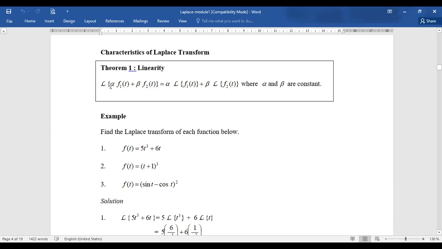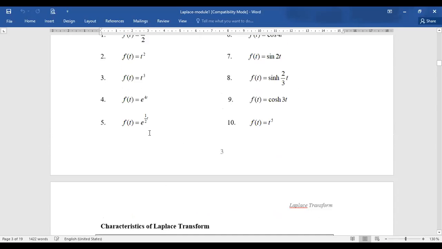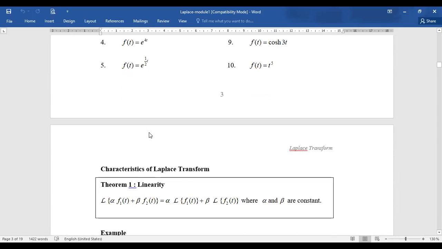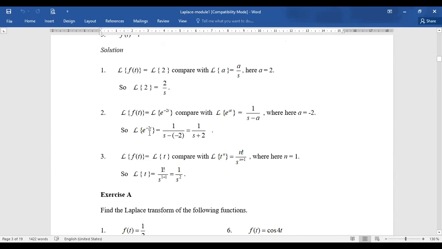Means alpha ni kita boleh keluarkan and beta pun kita boleh keluarkan dan kita tambahkan Laplace kedua-duanya. Let's say macam ni F(t). Okay, ni semua ni awak boleh buatlah exercise ni buku dalam tutorial awak.